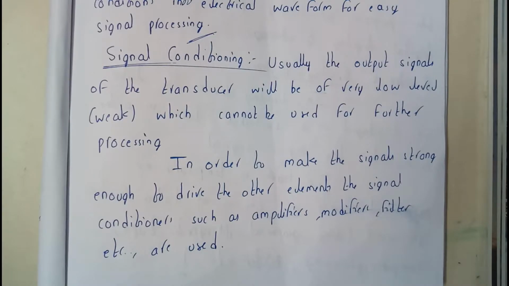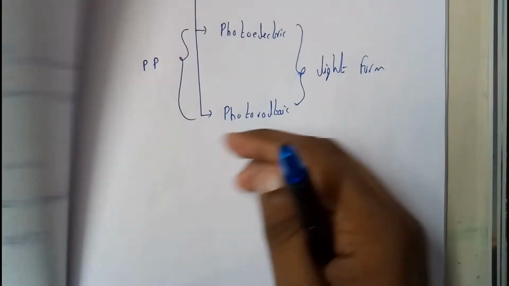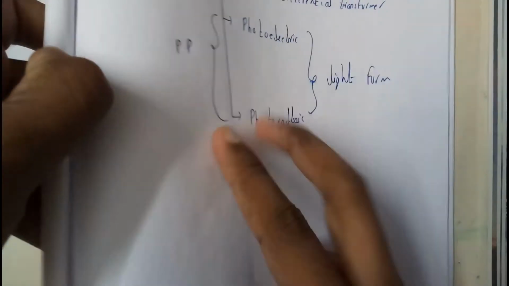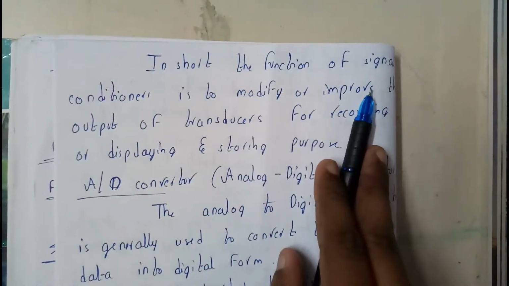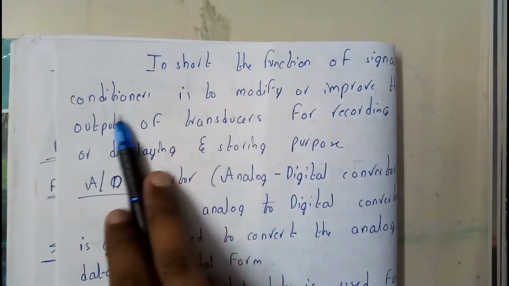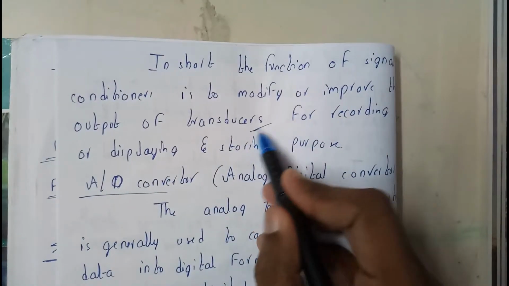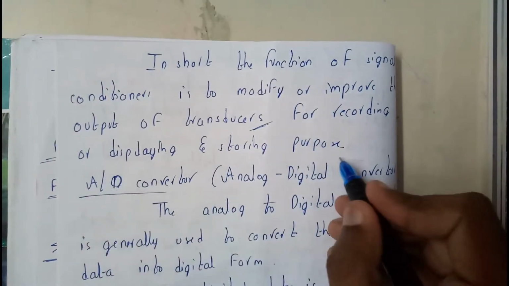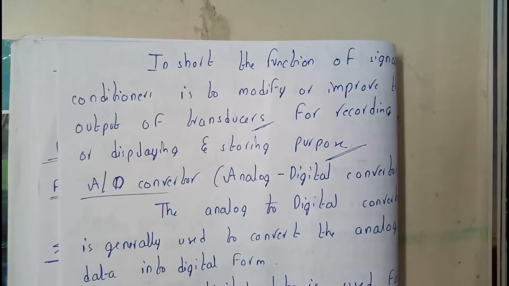It is going to remove the unwanted noise and modify our signal. In short, the function of the signal conditioner is to modify or improve the output of the transducer for recording or display purposes. I hope everyone got 100% clarity.